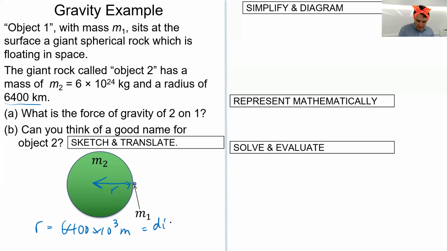Distance between centers. So that's important to notice. If you have 2 spherical objects, you're measuring the distance between centers, as that will give you this force. So we assume that these are isolated objects way out in space.